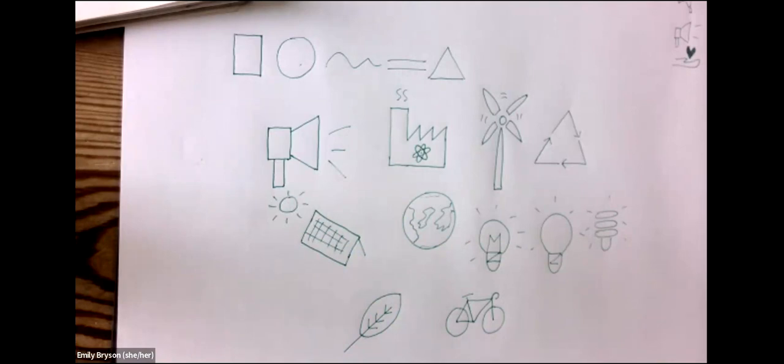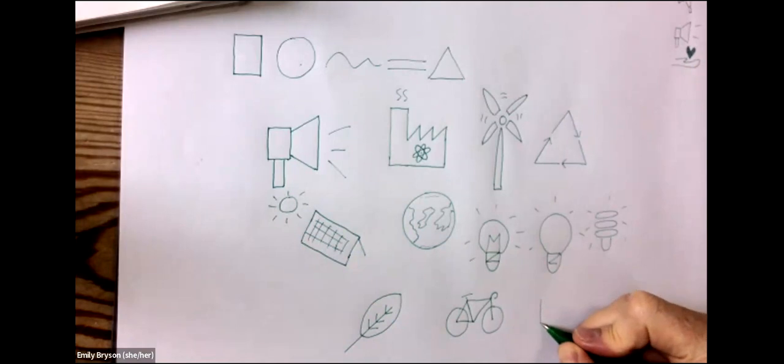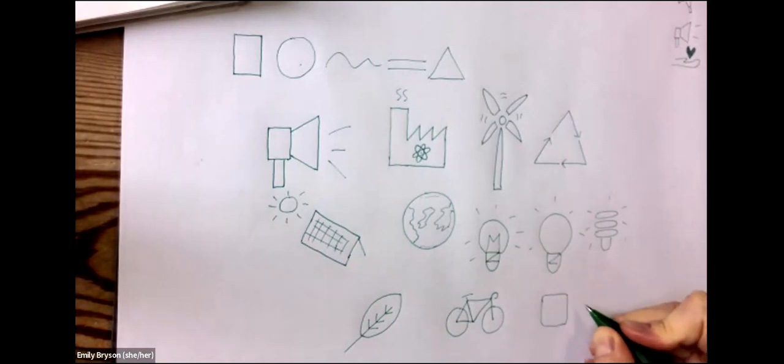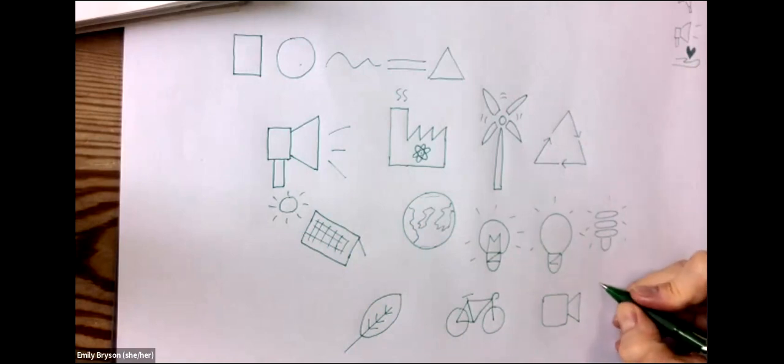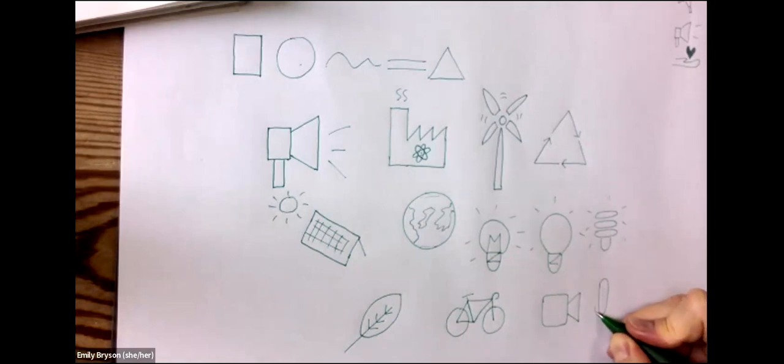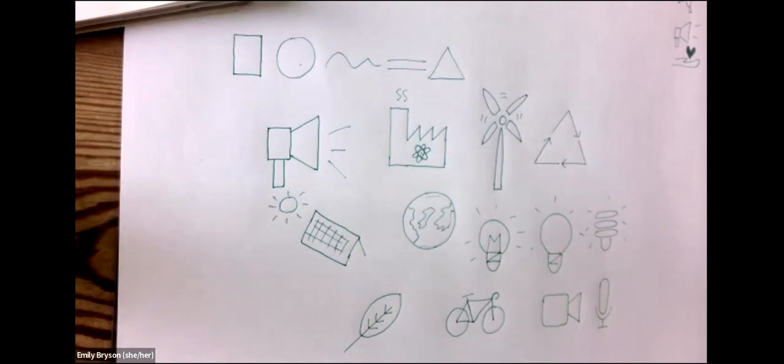Even on your Zoom screen right now, the video is basically just a rectangle with a little triangle on it, and the microphone is like this. If you're looking for ideas and you're a bit stuck, you can go to icon, but it doesn't make it any easier for the UK, I'm afraid.